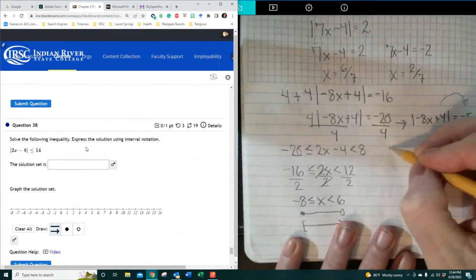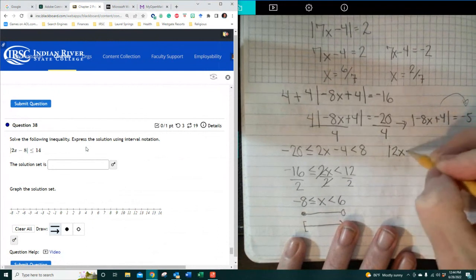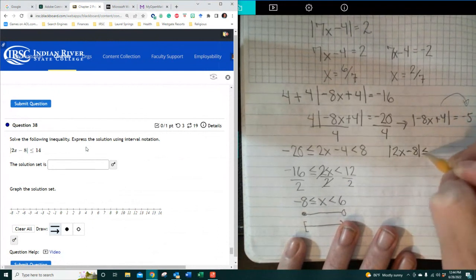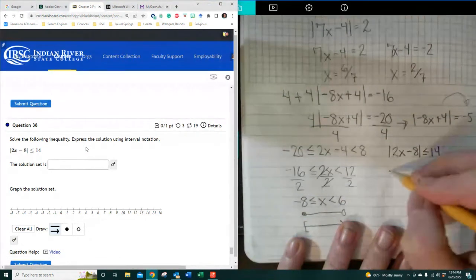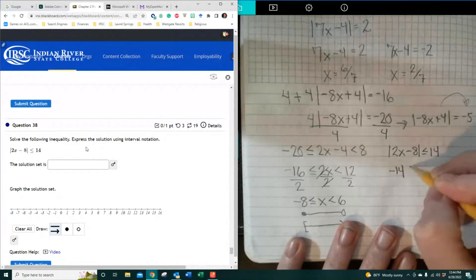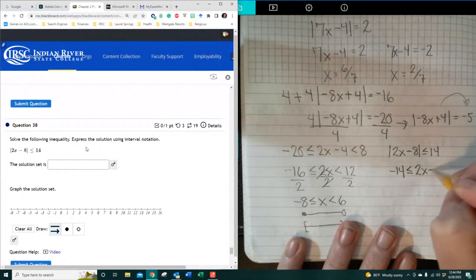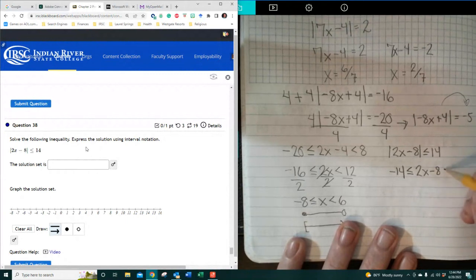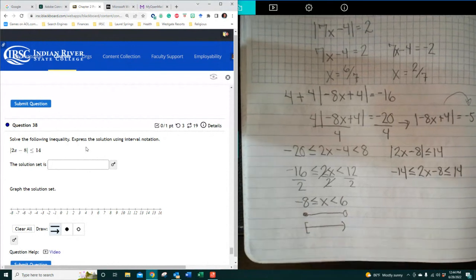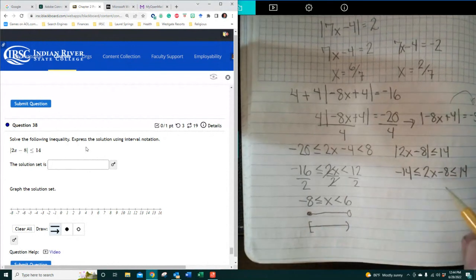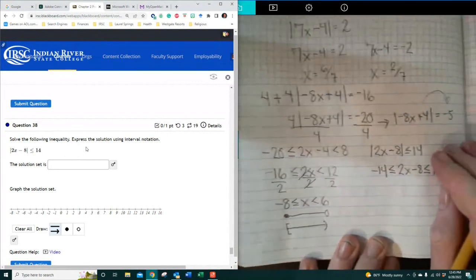Now 38, whenever you have a less than symbol, it is in your better interest to simply go ahead and take the opposite of the other side and put a less than or equal to sign there, and then put 2x plus or minus 8, and then put a less than or equal to the positive version of 14. So this is a compound inequality.